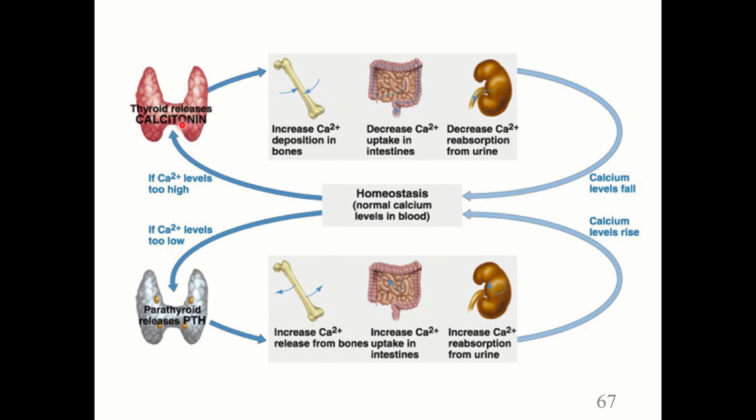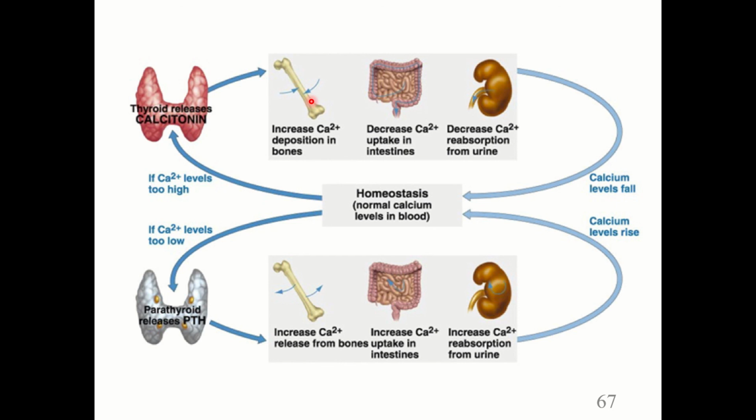And then if calcium levels get too high, then the thyroid C cells are going to release calcitonin. This is going to increase calcium deposition into the bones, so it's going to decrease osteoclast activity and increase osteoblast activity. The osteoblasts are going to take calcium from the blood and put it into the bones, making our bones stronger. Yay!